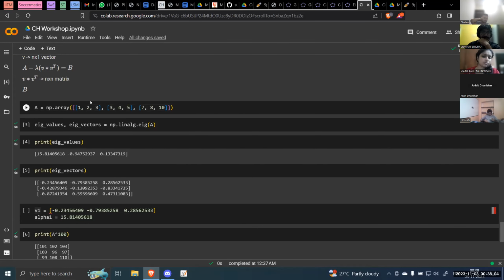No. Okay, let's start with a symmetric matrix first. Okay, make it symmetric. So we have 1, 2, 3, then 2, 4, 5, and then 3, 5, 10. It's symmetric. The idea of a symmetric matrix came when we wanted to write Q inverse as Q transpose. Yeah, I know.